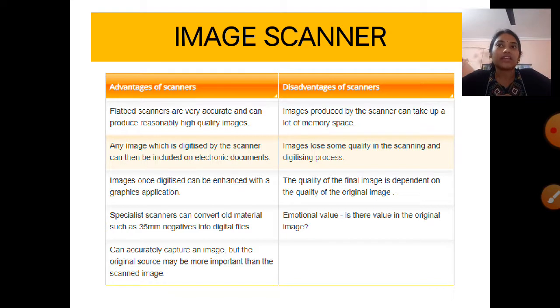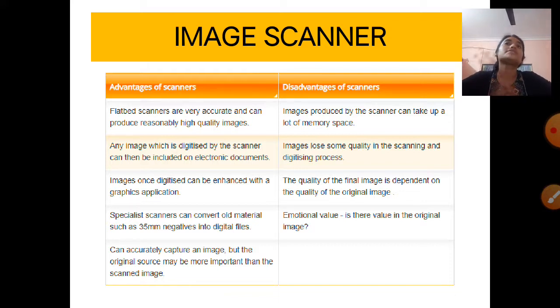A specialist scanner can convert old material such as 35mm negatives into digital files. It can accurately capture an image, but the original source may be more important than the scanned image. Okay, these are the advantages.